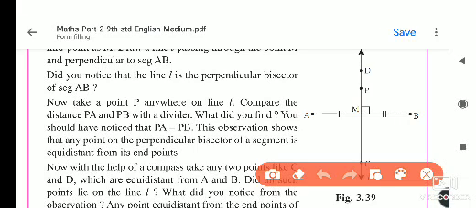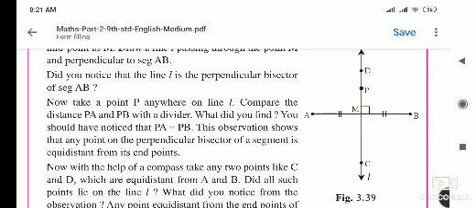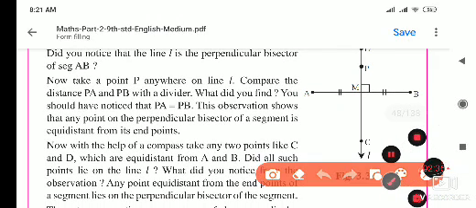Now take point P. We have to take any point P on it, and we join AP and join PB, and measure the lengths AP and PB. If you measure the length, you will notice that AP is equal to PB.